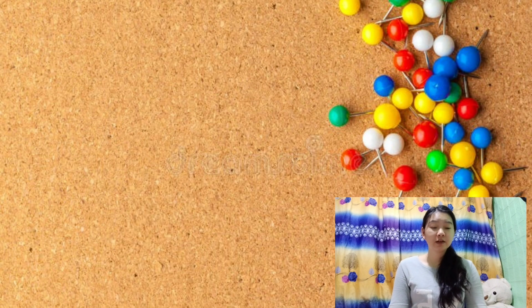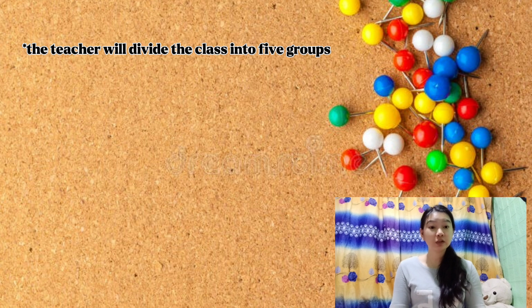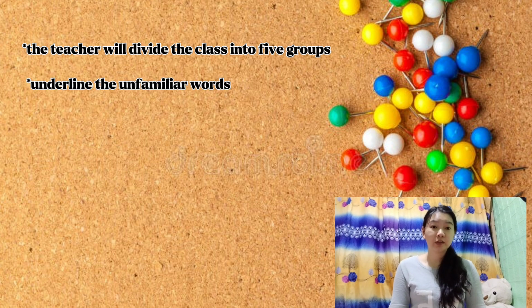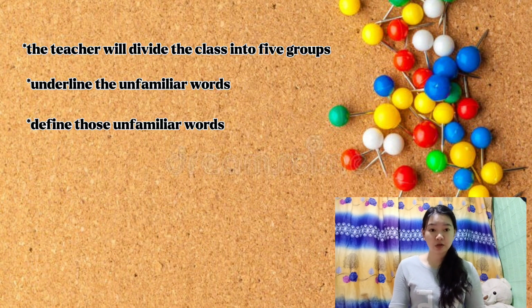Just like Cupid and Psyche, teachers could use these materials to expose the learners to rich, meaningful, and comprehensible input in language use. So how to use this material? First, the teacher will divide the class into 5 groups and then introduce the story to them and instruct them to underline unfamiliar words in the story and make predictions out of them.